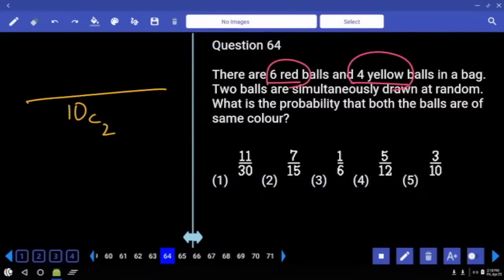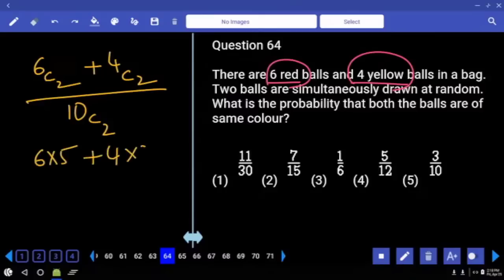That means both can be red or both can be yellow. So we need 2 balls out of 6 red balls. That can be done in 6C2, or condition, so we have to add. We can get 2 yellow balls out of 4 yellow balls. That can be done in 4C2. Everywhere in the numerator and denominator we have C2, C2 only. Correct? So let me directly write it as 6 into 5 plus 4 into 3 by 10 into 9.